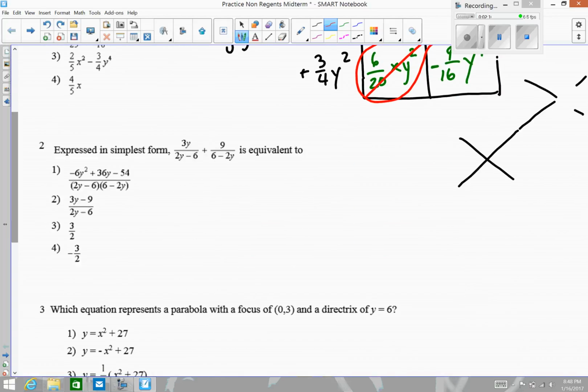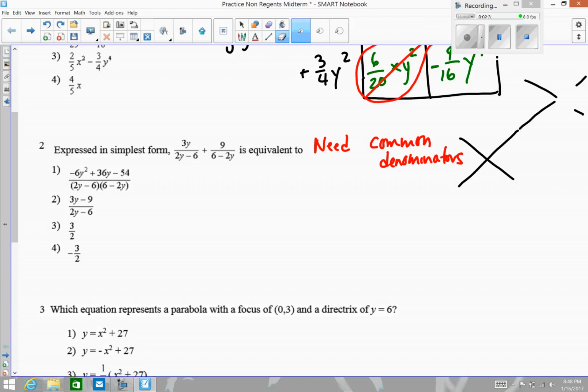Moving on to number 2, if I'm going to add two fractions, then I need common denominators. Let's get rid of this extra writing here, get it out of our way. Back to number 2, I want to look for the best common denominator.